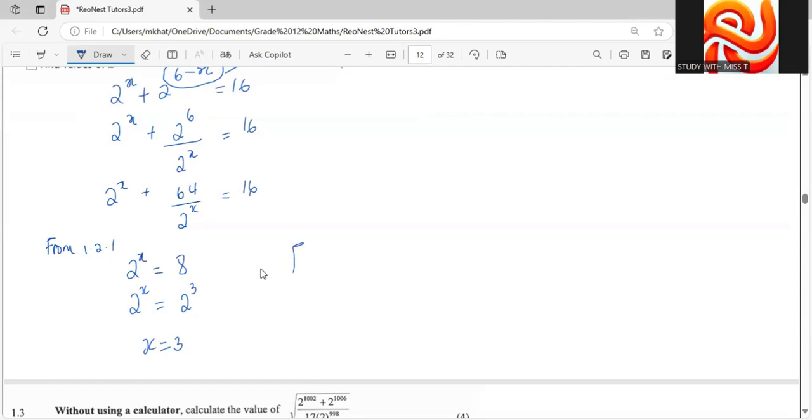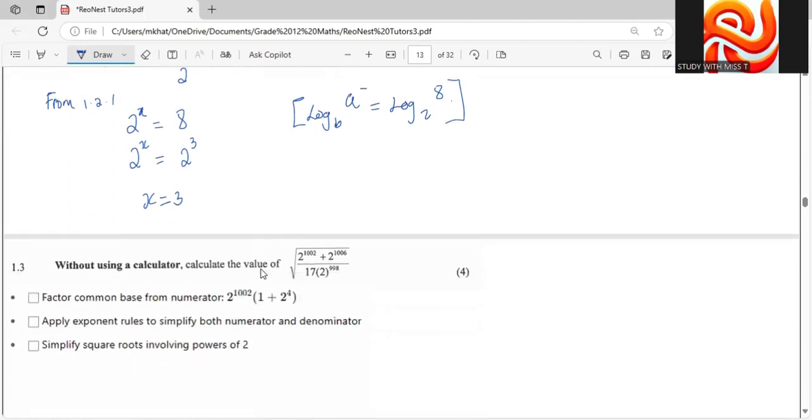Or you can use the method with the calculator, log base a, which in this case will be log base 2 of 8, which will give you the same answer.